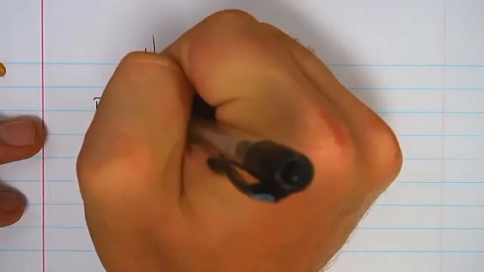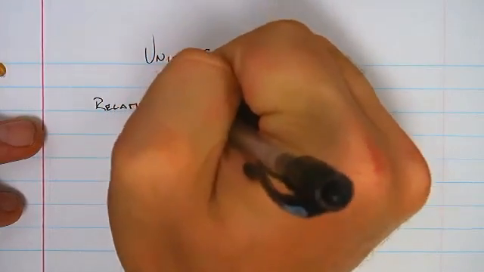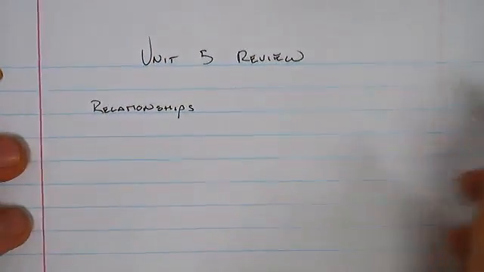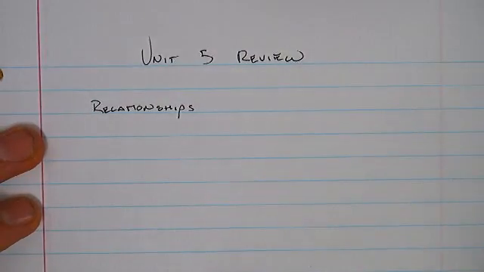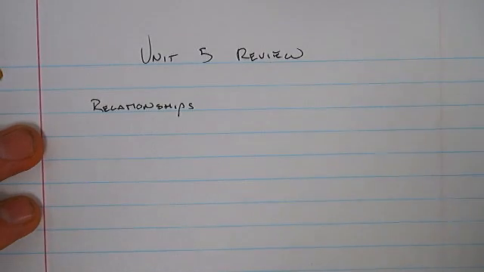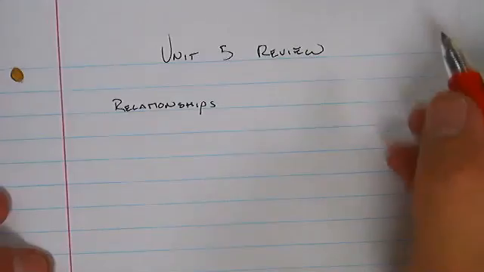Relationships. There are basically 3 types, and then beyond that, there are 2 subcategories. So the 3 types are as follows.